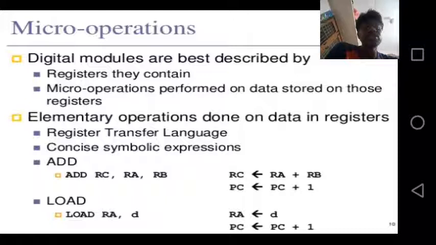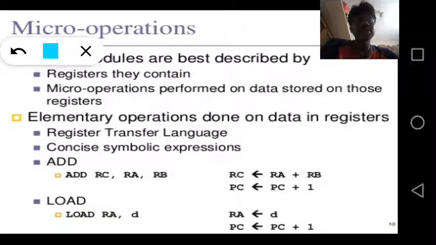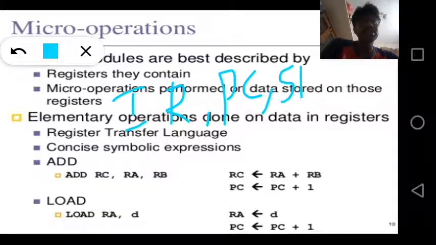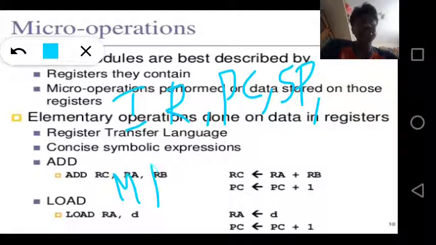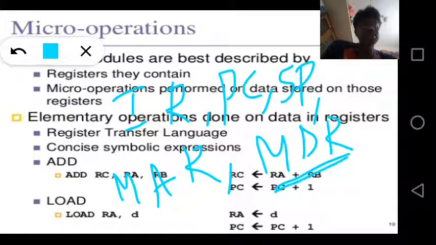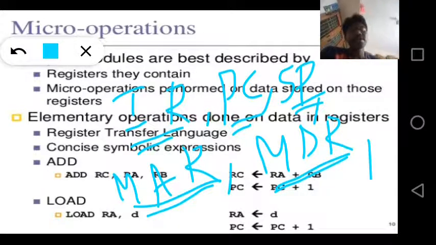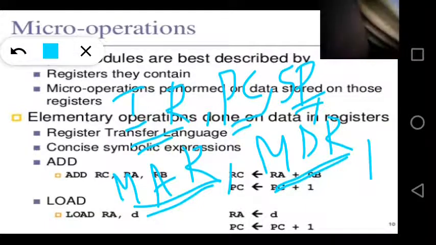The digital modules are best described by the registers they contain. Remember, registers can be the IR register, PC register, stack pointer register, MAR register, MDR register, and any other types of registers.